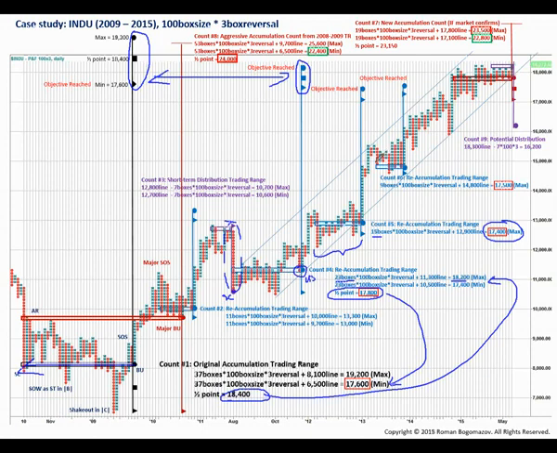And then the next one right here also confirms the same target. So when you have so many multiple confirmations, it's like screaming at you that it's going to be an important, significant area, whether the trend is going to stop and reverse, or it's going to stop, consolidate, and then create the new count to the new objective.